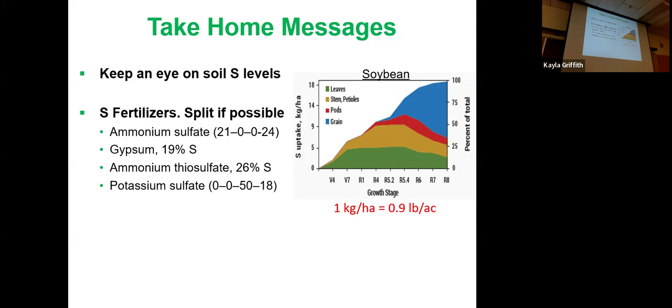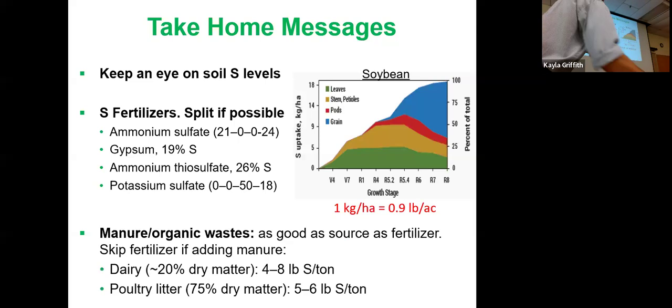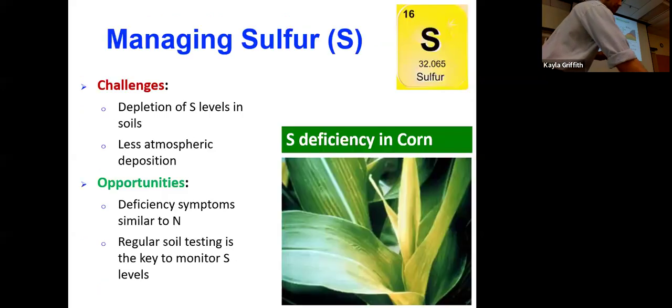So it can be possible to split the application, which may be important for growth and retention. Manure can be a good source of sulfur, and if you're already adding manure, you can skip fertilizer. It can be a nice substitute for the mineral fertilizer.